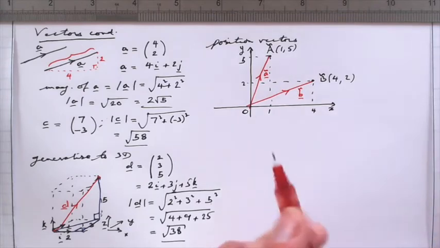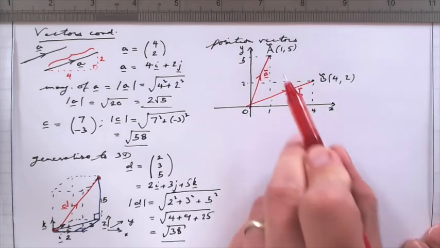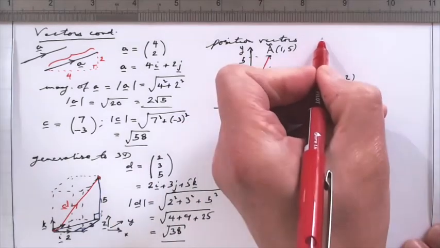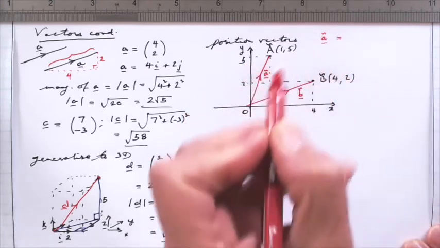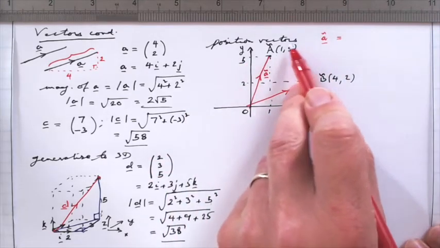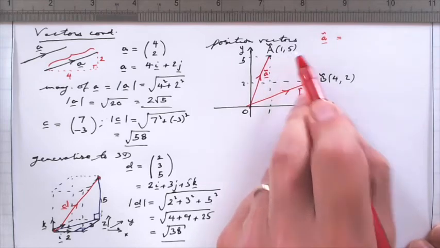What's nice about these position vectors, which are defined relative to the origin, is that their vector form is just the coordinates of the point. The vector A tilde is 1 in the x and 5 in the y.